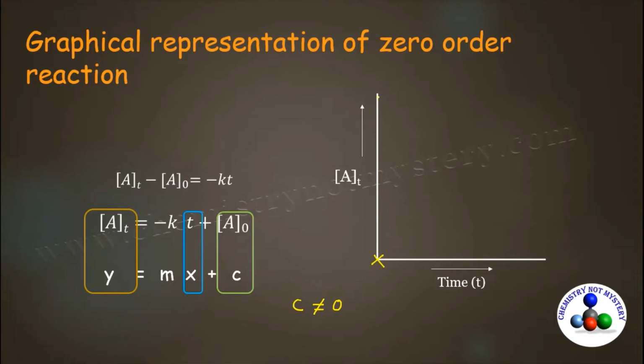It will originate from somewhere on the y-axis. And slope is negative. That means the straight line that you will get will have some negative slope. So you will get a descending straight line with the slope minus k, and the intercept will be equal to A0.